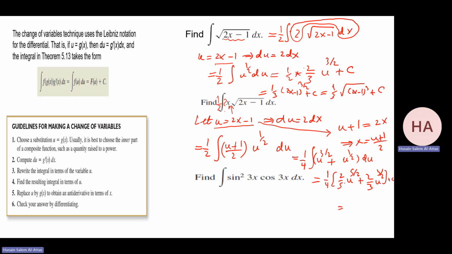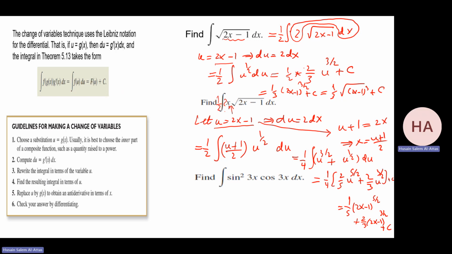In other words, that can be written as what? Yeah, 1 over 5. I know u. u is what? 2x minus 1 to the power 5 over 2 plus 2 over 3, 2x minus 1 to the power 3 over 2. Don't forget plus c.